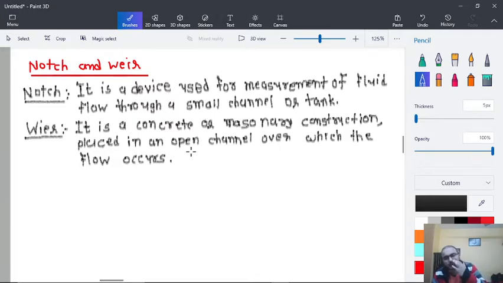So here are the notch and weir, and one theory that I'm giving you as a part of self-study.